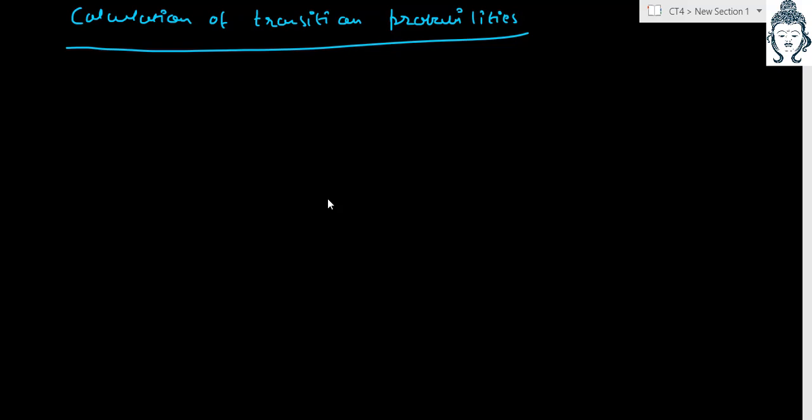So how do I do that? For example, I want to go from state i to j in, let's say, 2 steps. So for 2 years I want to do this. How will I go about doing this? I'll add over all the possible values of k that belong to S, that is all my possible states, and I'll go from i to k in one step, and then I'll go from k to j in one step. And these one step transition probabilities I already know, they are given in my transition matrix.